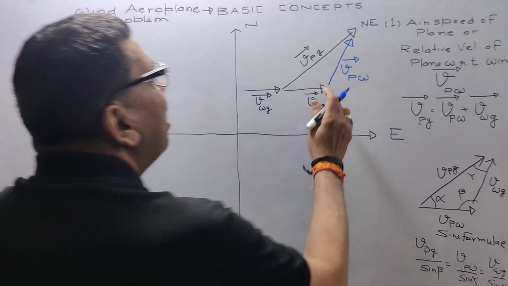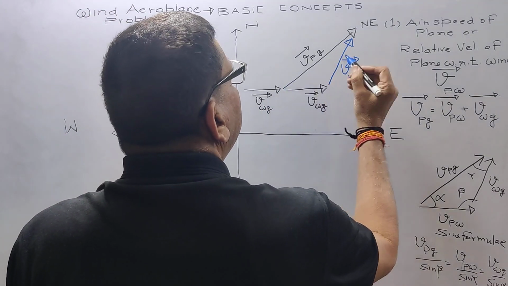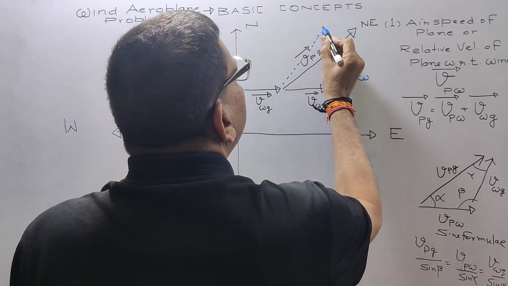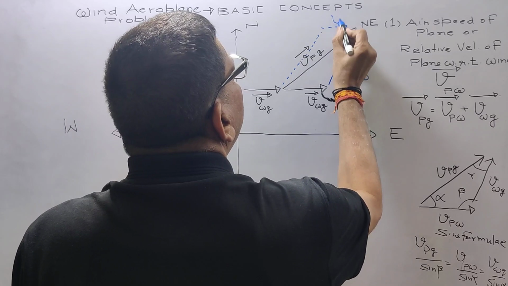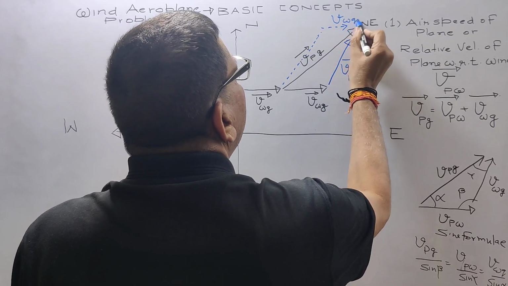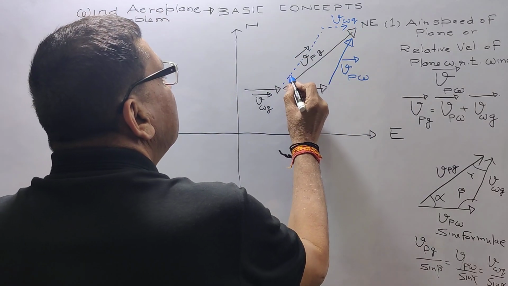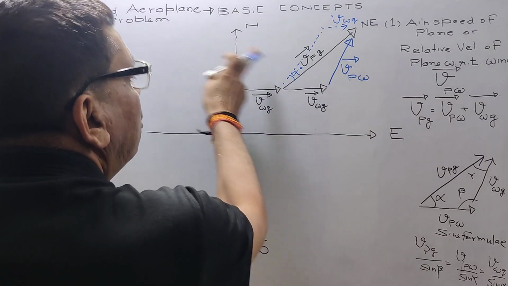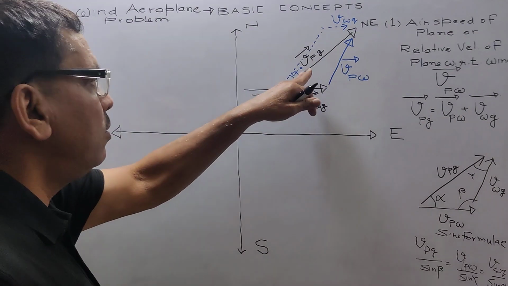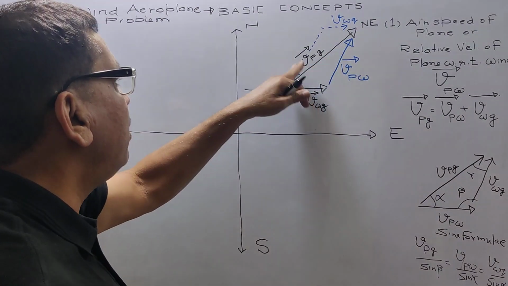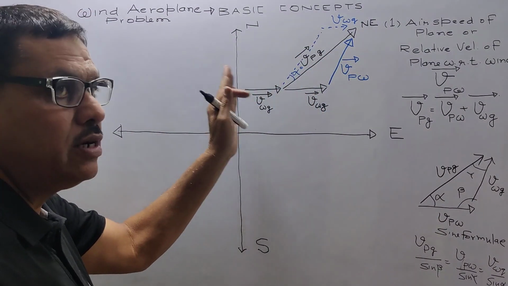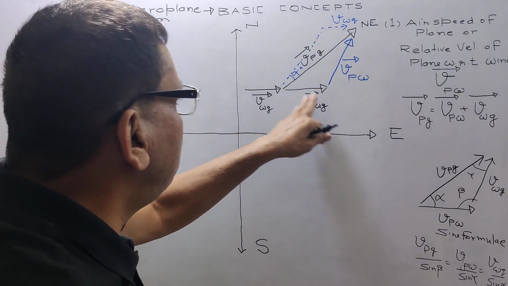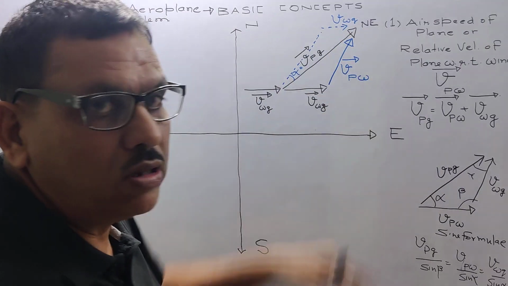If you draw the parallelogram like this, then this will be representing VWG, and this will be VP. I can say it will be alpha degree north of east. From this line, alpha degree north. The pilot has to take the plane in this direction. Then only he will reach in the northeast direction.